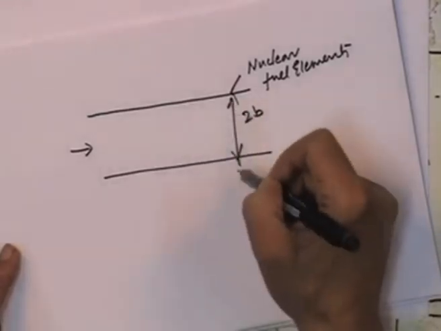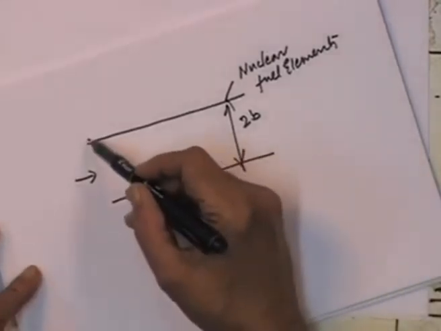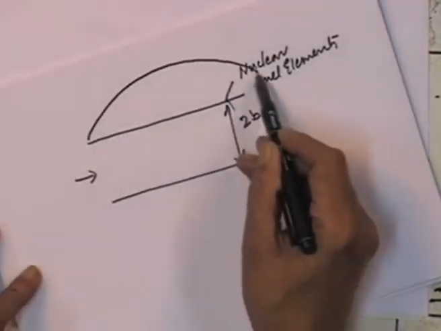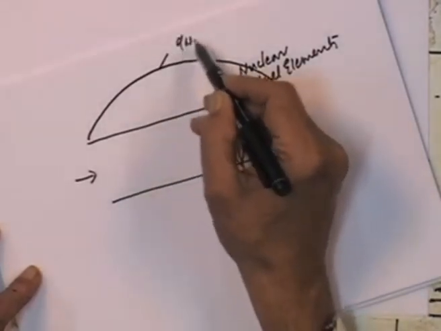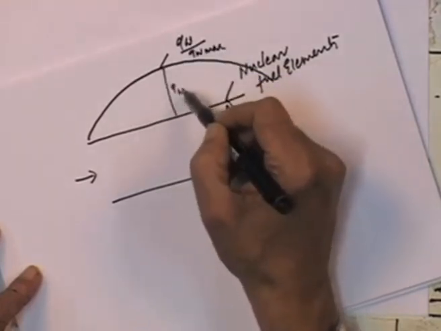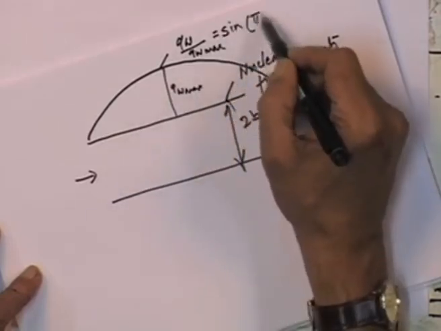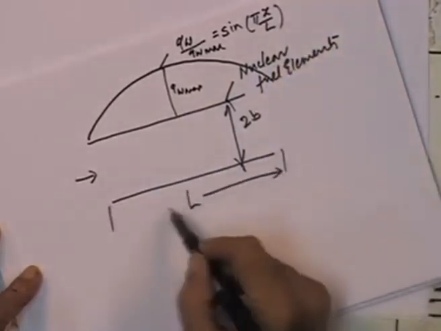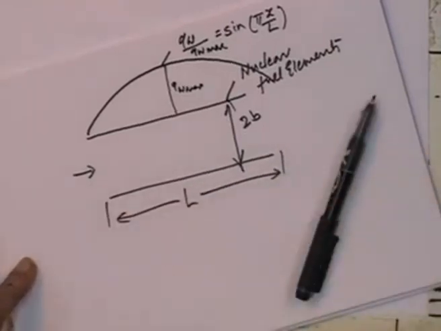Let us say we have this 2B. Nuclear fuel elements generally generate heat in this fashion, sinusoidally. So, Q wall would be Q wall max, let us say this is Q wall max, times sine pi x by L, where L is the length of the channel through which the coolant is flowing. So, I am going to consider this particular case because of its relevance to nuclear reactors.